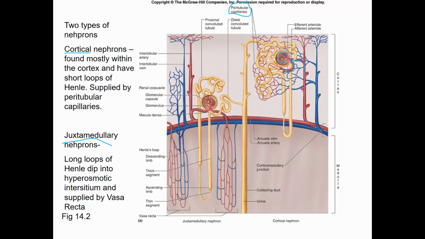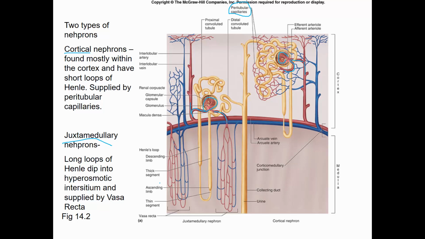If we look at our juxtamedullary nephron, so there's the interlobular artery, there's an afferent arteriole, there's the glomerulus, the efferent arteriole, and now we have these kind of looping capillaries.